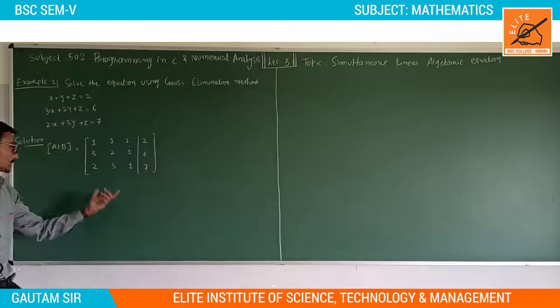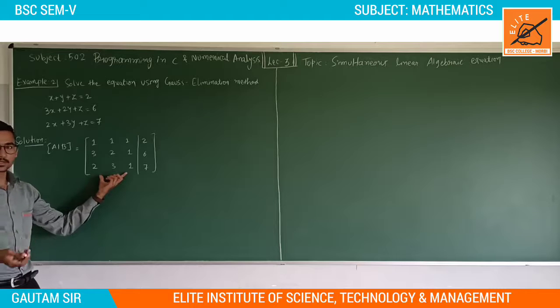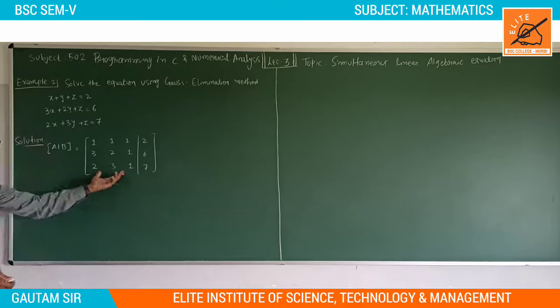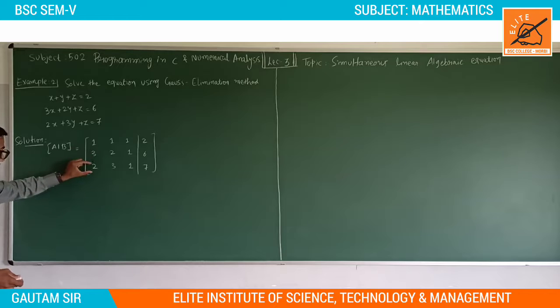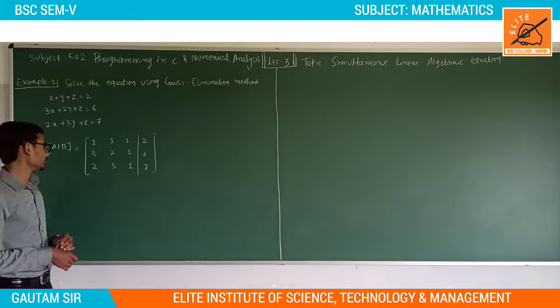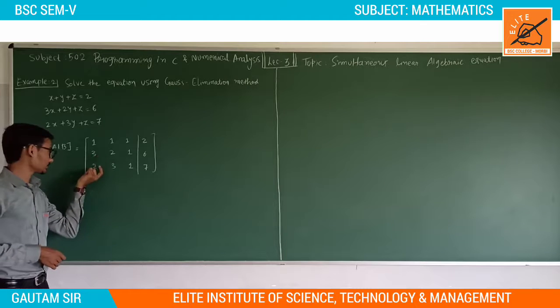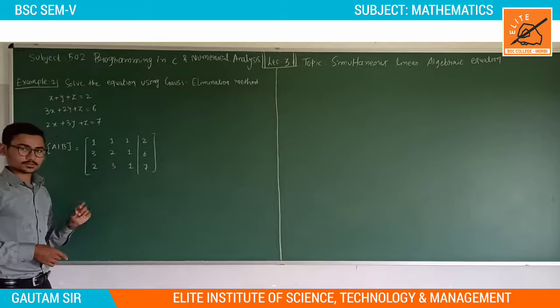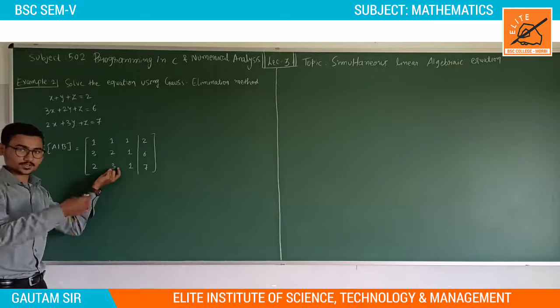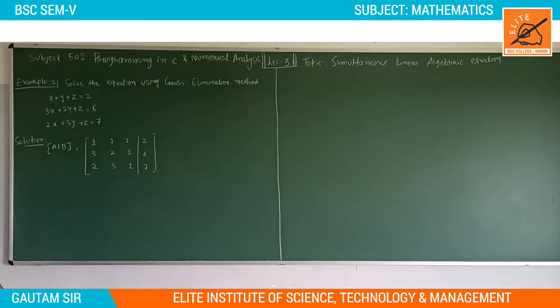The second step is to convert this matrix into an upper triangular matrix. So we want the first place to be 0, the second place converted into 0, and the third place converted into 0. So our aim is to convert these three places into 0.